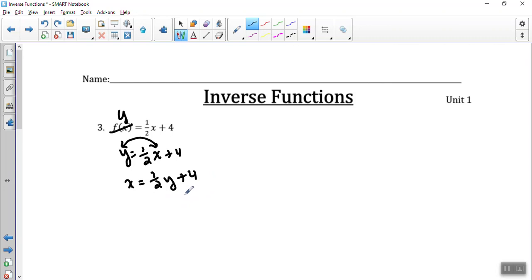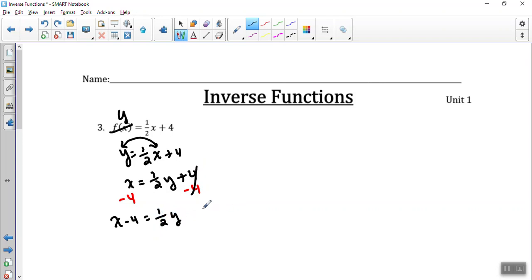And I'm going to solve. So I'm going to subtract 4 on both sides of the equal sign. So you have x minus 4 equals 1/2 y. This gets crossed out.